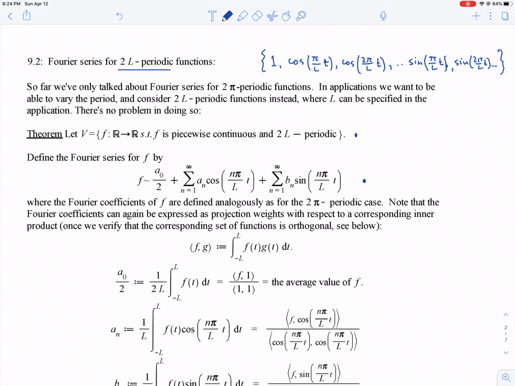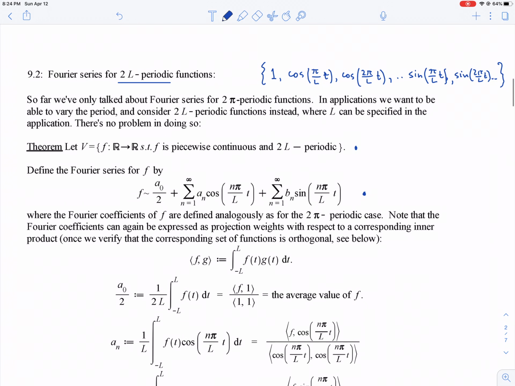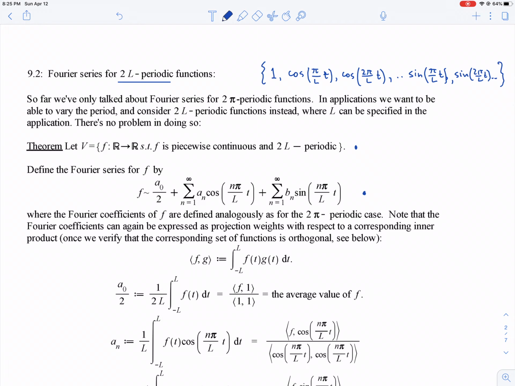All right, so that rescaled set of sinusoidal functions is going to be orthogonal with respect to the right inner product for 2L periodic functions, which is just the inner product of f with g is the integral from minus L to L of f of t times g of t.